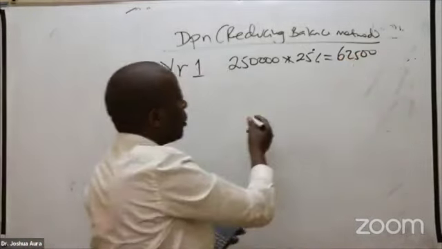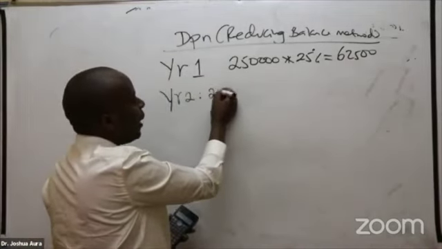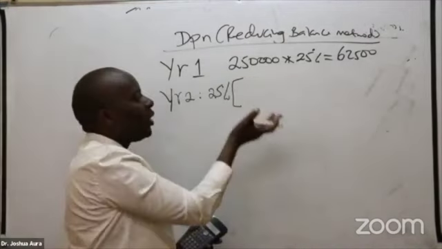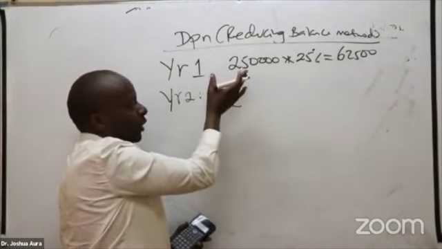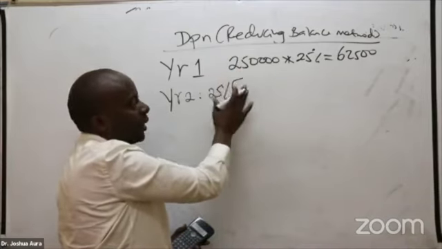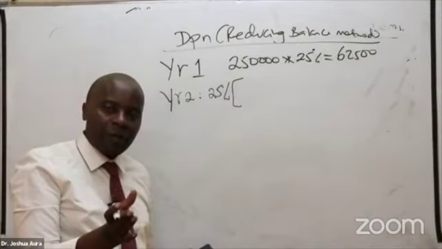Which gives us 62,500. So we go to year number 2. My depreciation of 25% will be applied on the reduced value. At the beginning of year 1, the asset was 250,000. But during the same year, the asset lost value of 62,500.